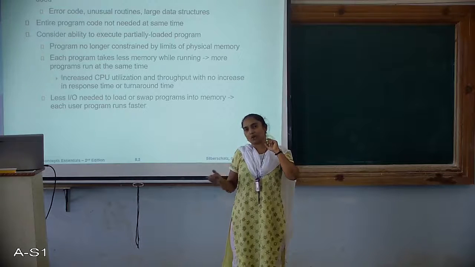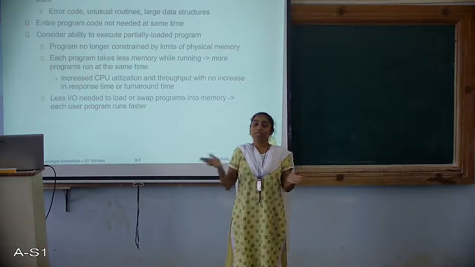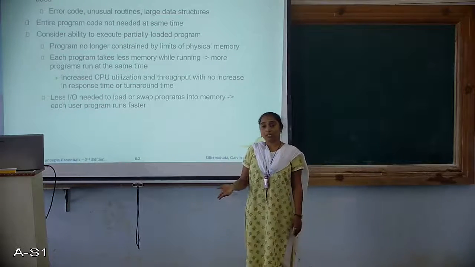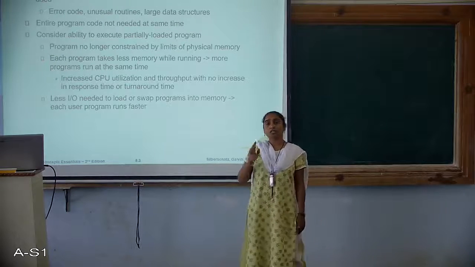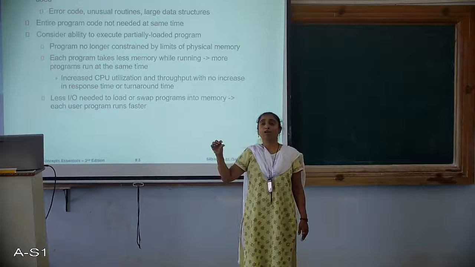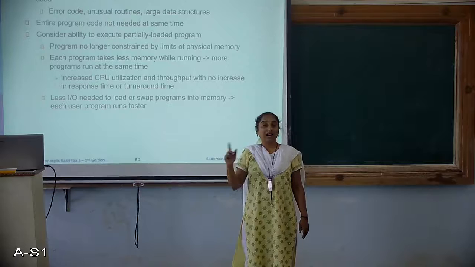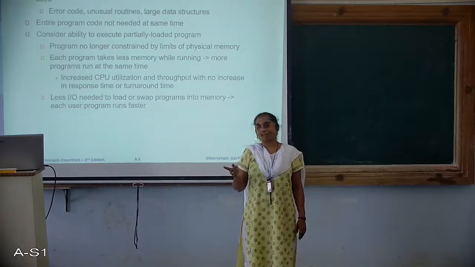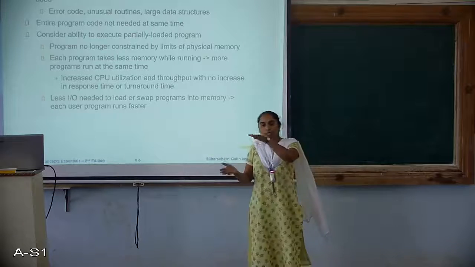One part of the code is executing, the other part is not needed in the main memory, so you can replace one page by another page. Because you are accessing less code from your secondary storage device, the transfer also takes less time. That's what it is: less I/O needed to swap the program into main memory.